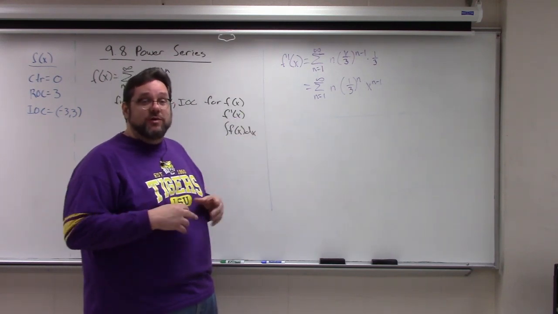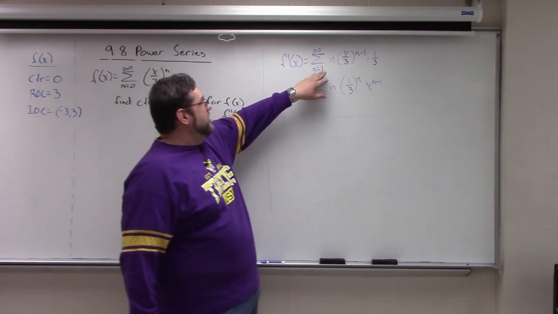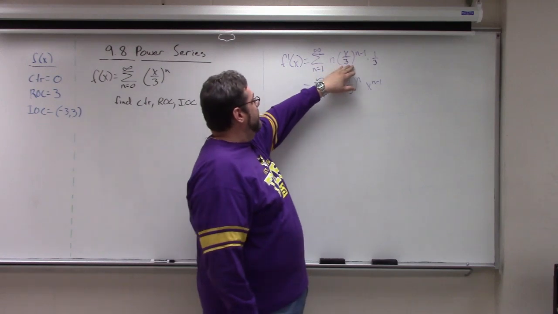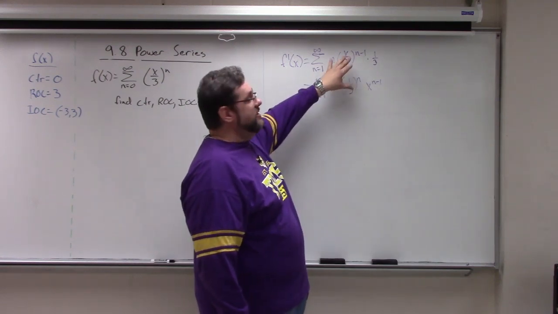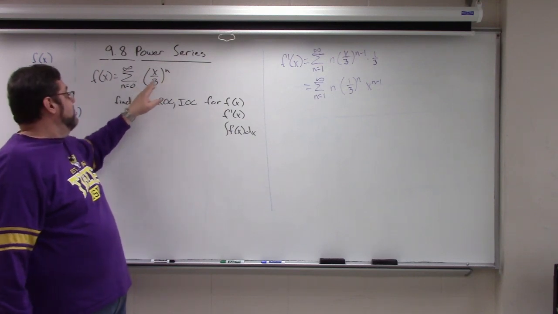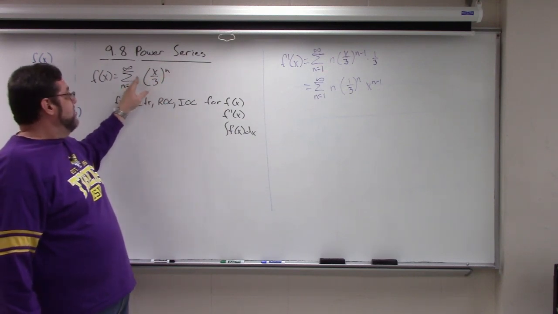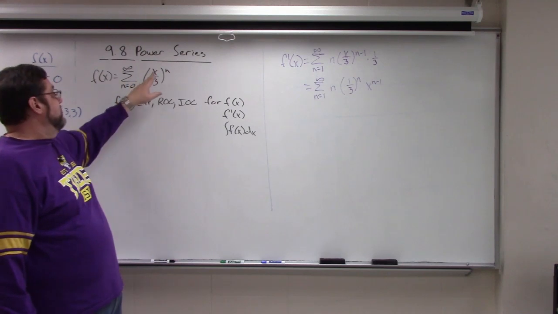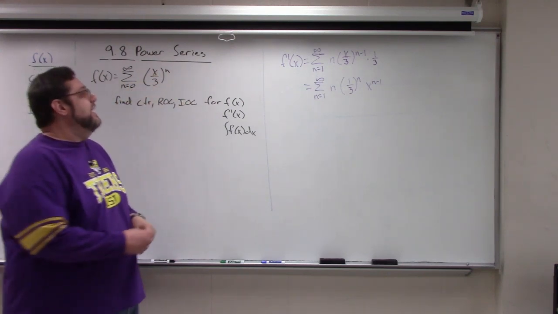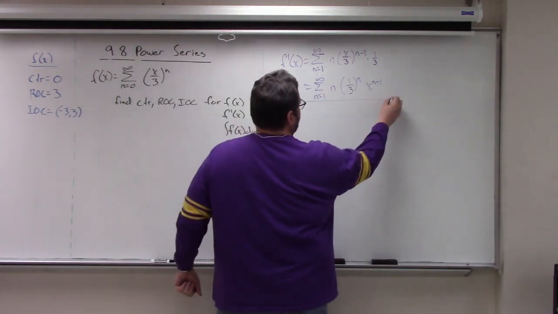Basically, to find the derivative of a power series, we just take the derivative of whatever our original thing was. And again, x over 3 to the n minus 1, you got the n out front. You have to take the derivative of the x over 3, which is where that other 1/3 comes from. And then it just cleans up algebraically a little bit to this.